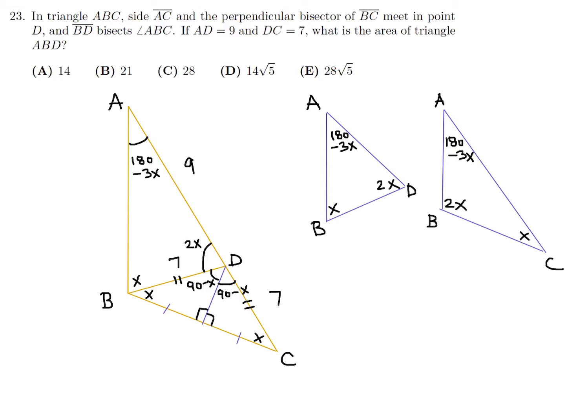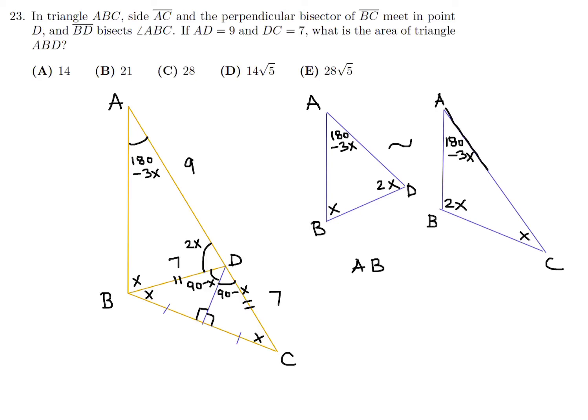So you see how they have the same angles? And because they have the same angles, they are similar. And therefore the ratio of the sides will be equal. So in this first one, we have AB, which is basically the 180 minus 3x and x side, like that. And if you compare it to the other side, which side is the 180 minus 3x x?